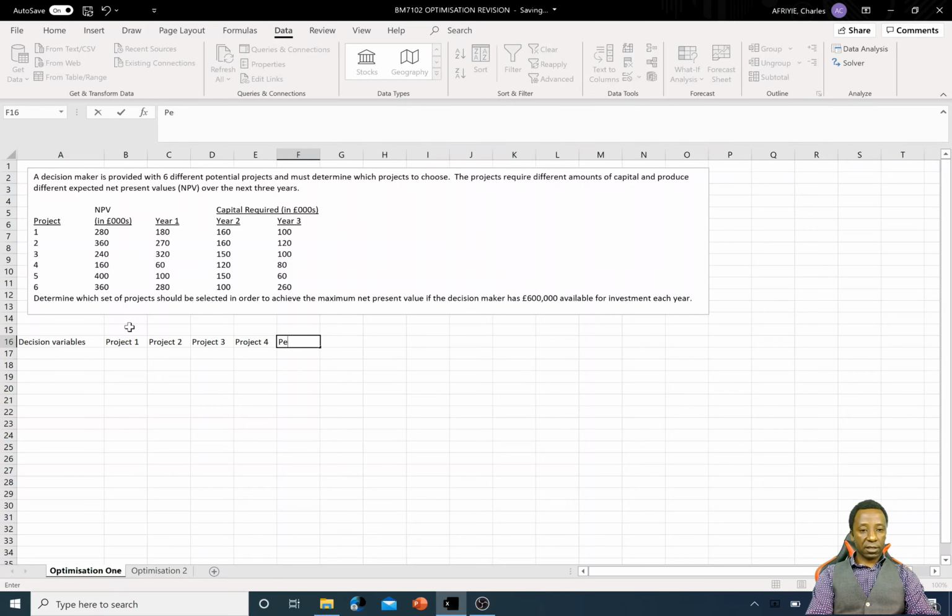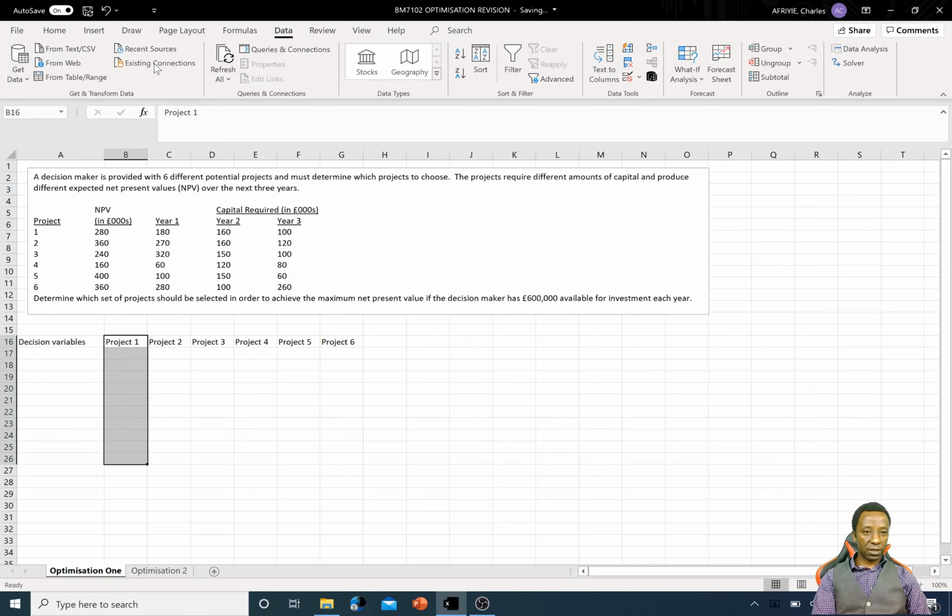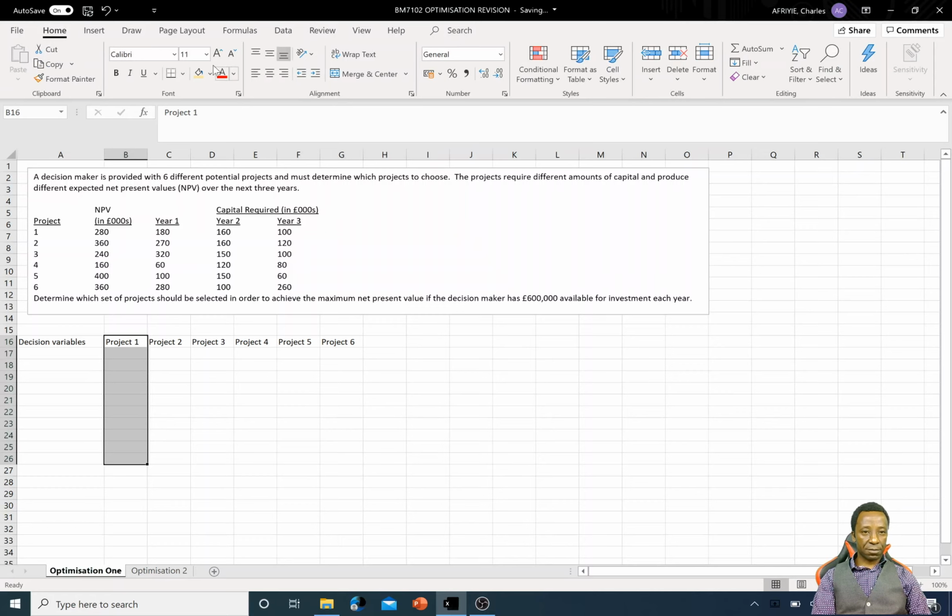So we just simply type that out, and then we have project 6. So they will constitute our decision variables. We are choosing amongst them.